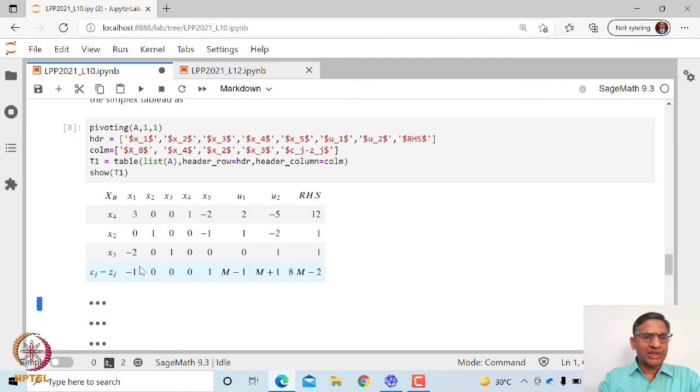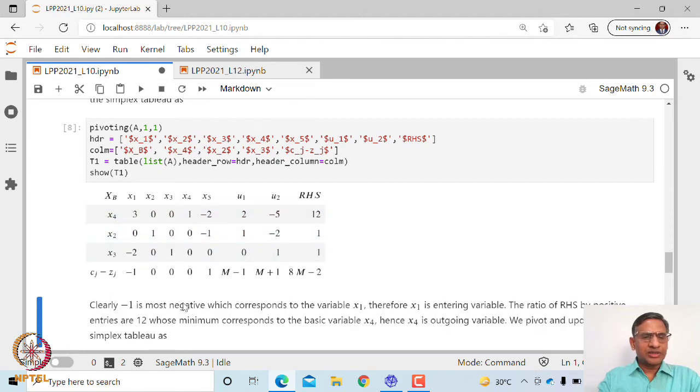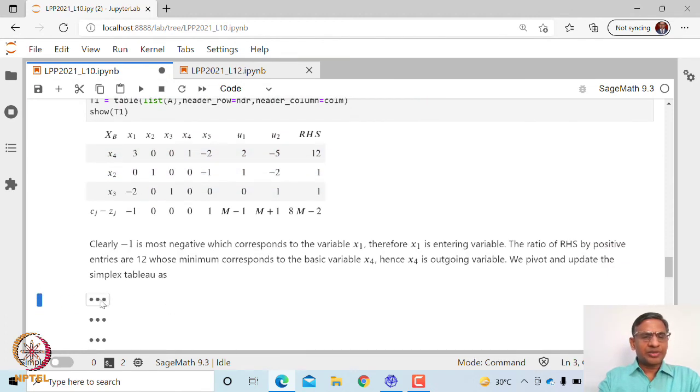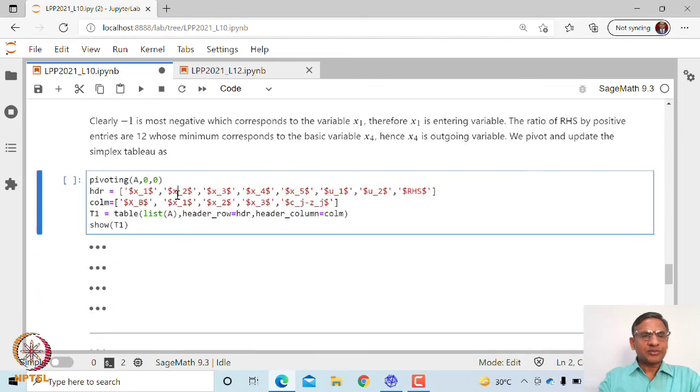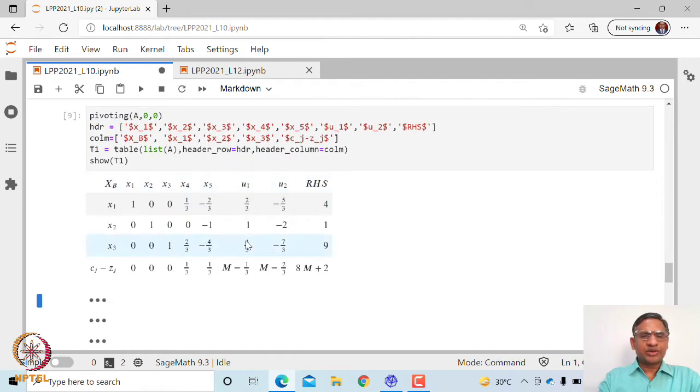Therefore, x1 is going to be incoming, x4 will be outgoing, which is with respect to the 0th row and 0th column. Right. So we again apply the pivoting corresponding to row number 1 and column number 1, and then update the simplex table. This is what we get.